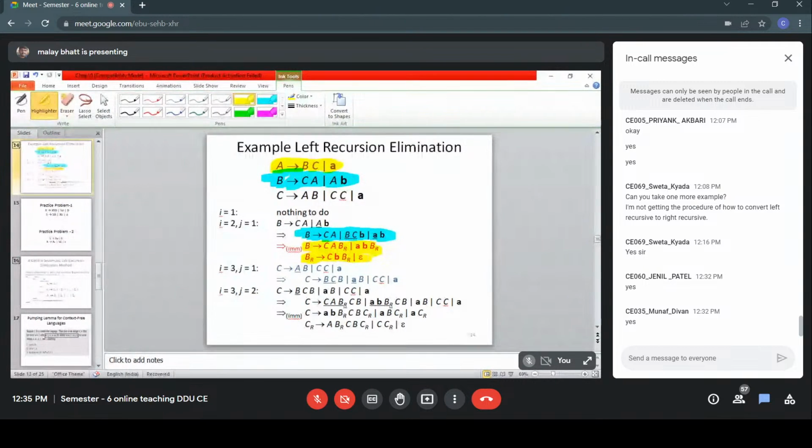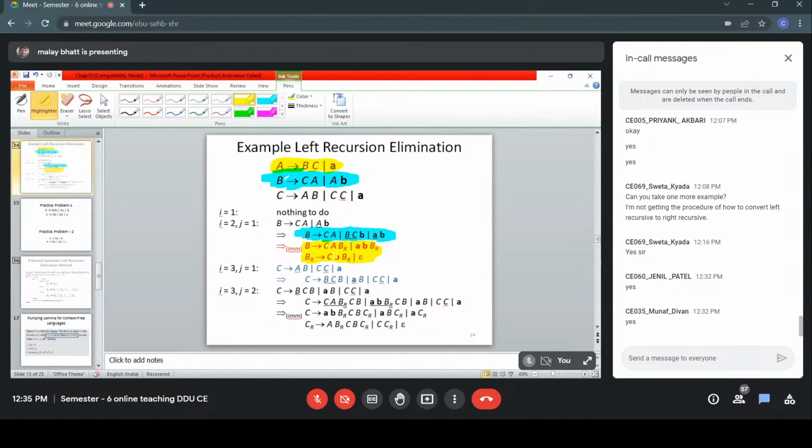These are the 3 questions we have to ask repeatedly. Do we have an immediate left recursion? Yes or no? If yes, apply the elimination. If no, can we do any replacement? Yes or no? If yes, we do the replacement. After replacement, are we getting an immediate left recursion again?